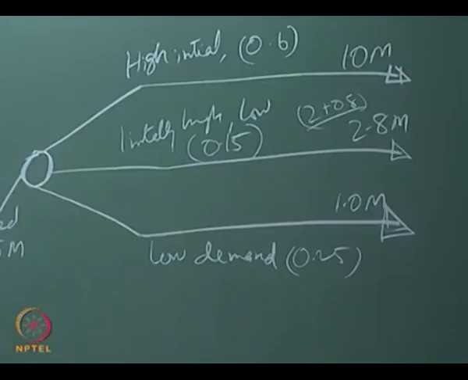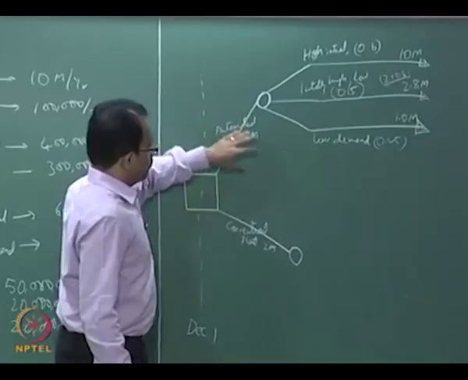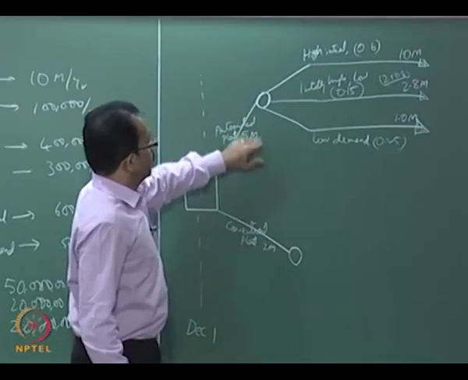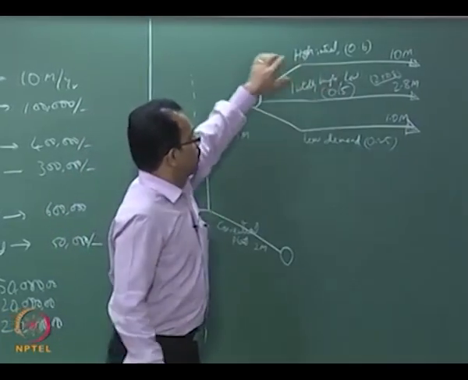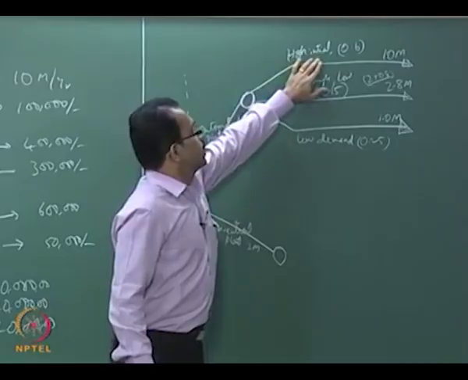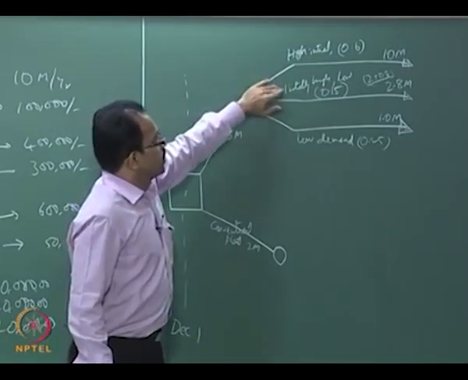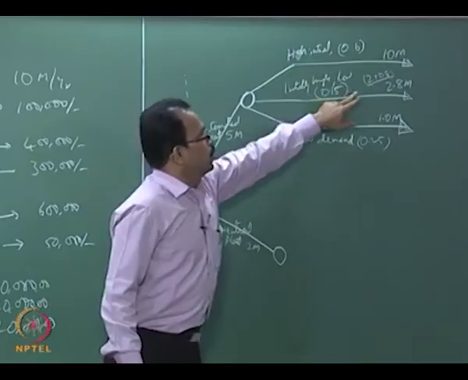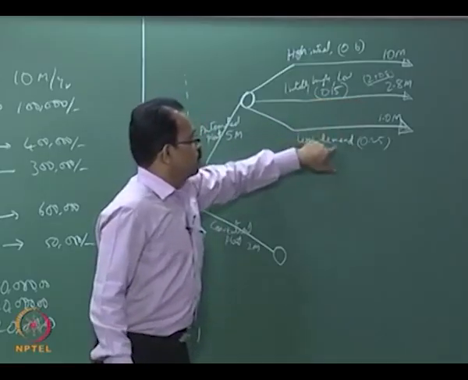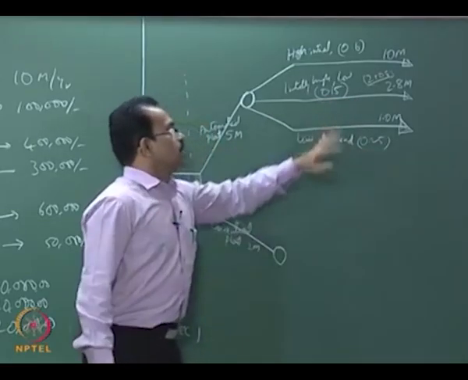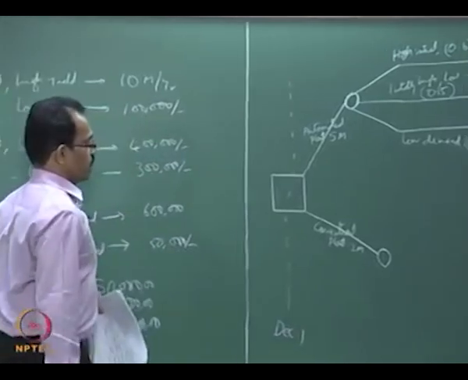So that is the output here. So this automated plant with an investment of 5 million, you have the 3 possibilities here: high initial demand and it is continued with an output of 10 million, initially high but then it is reduced 2.8 million, and low demand 1 million. So these are the 3 possibilities over there.